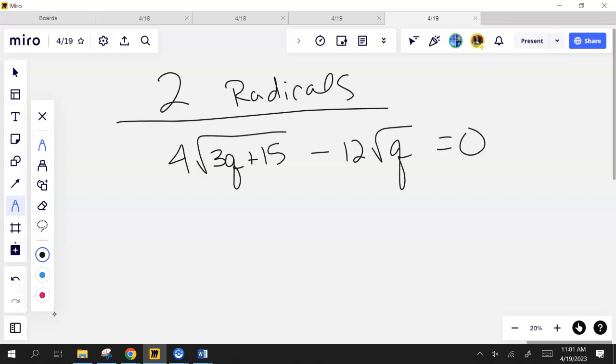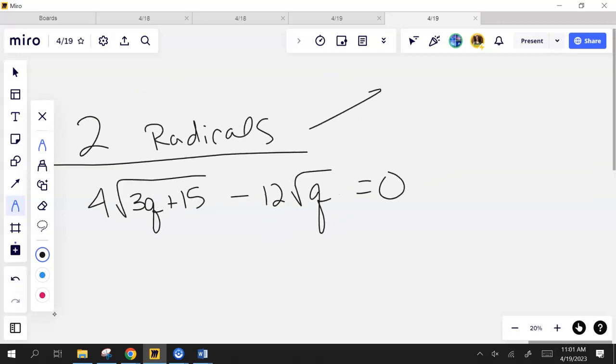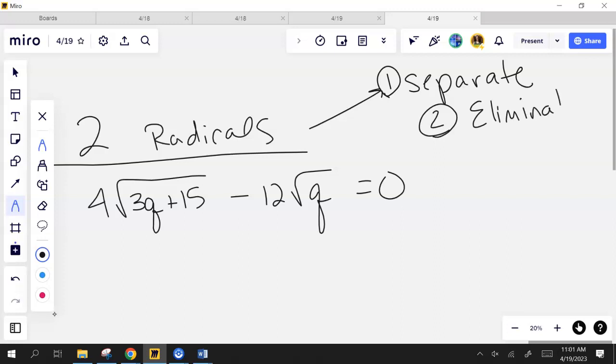When you find yourself with two radicals, what you want to do is get them on either side of the equal sign. You have to separate them. So with two radicals, we want to separate first, not evaluate, and then get rid of the radicals. And then, of course, we solve.